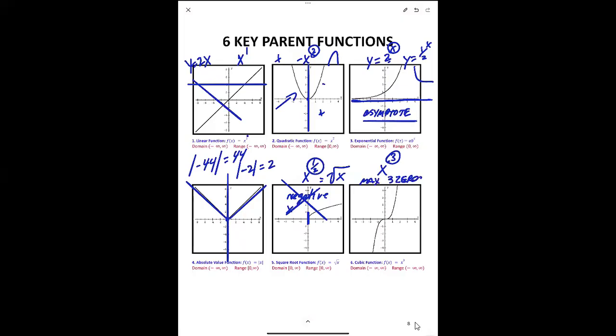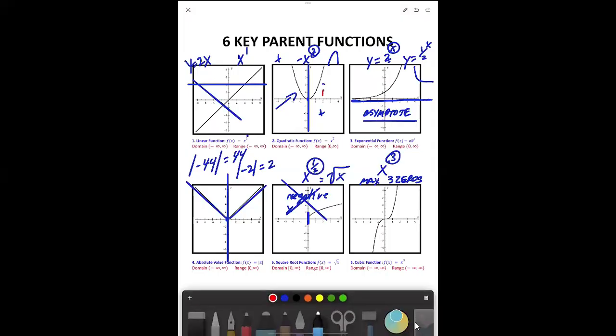By the way, quickly, this is called an even function, which means it's symmetric about the y-axis. This one is also symmetric and is also an even function. This is an odd function, which means it's symmetric about the origin. So if you were to flip this, they're going to look the same.